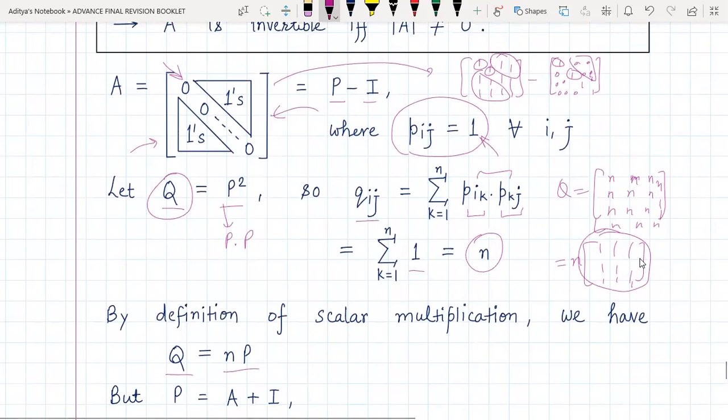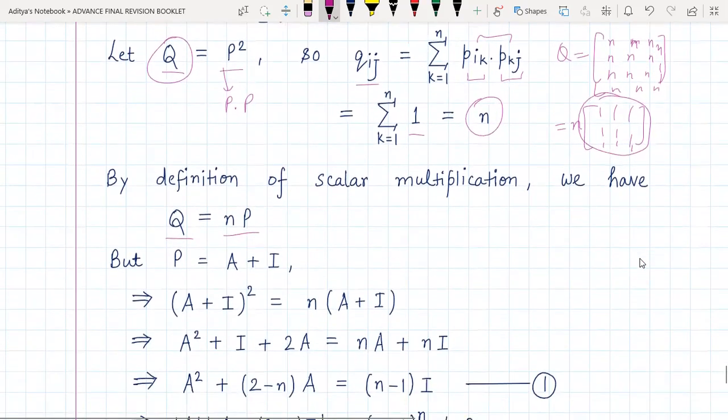Now the thing is, from this relation A is equal to P minus I, we can write P equal to A plus I. Now we can square both the sides. So on squaring, we are going to get P square is equal to A plus I whole square, right?